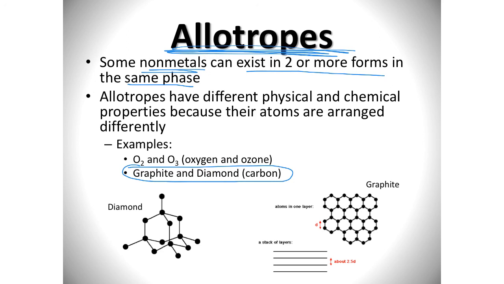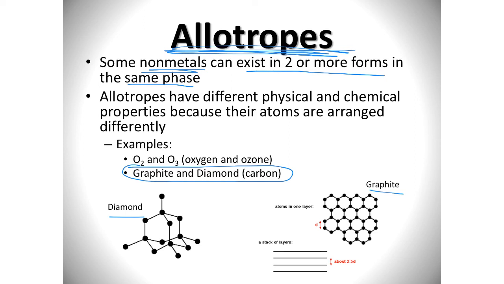They have different structures, as you can see, and because they are bonded differently in a different structure, they will have different physical and chemical properties. Graphite is soft. Diamond is incredibly hard. Graphite is cheap. Diamond is incredibly expensive.